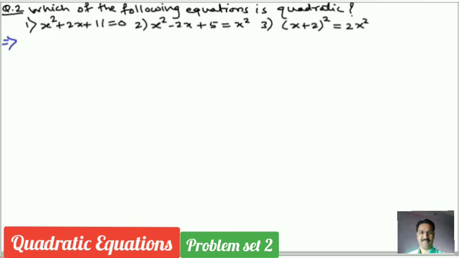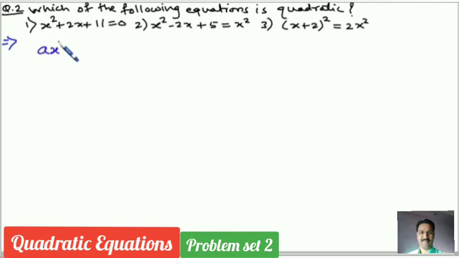See here, friends. This is question number 2. Which of the following equations is quadratic? There are 3 equations given to us, and we are going to find whether the given equations are quadratic or not. To say it is quadratic, the very important condition is what?